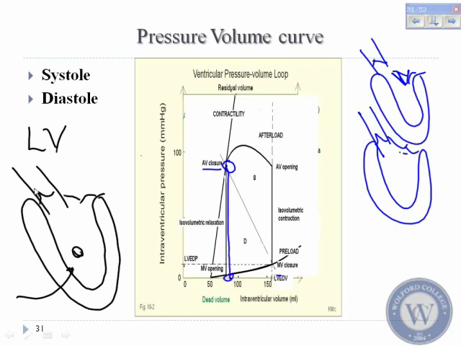See, the volume stays fixed. Okay? But the pressure falls down very quickly. So isovolumetric relaxation is that portion of diastole where the ventricle basically relaxes and allows the ventricle to go to its normal resting state. At a certain point, once you get to a low enough pressure, the mitral valve opens.